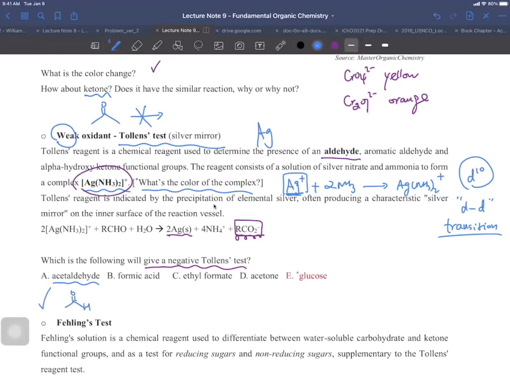Obviously, this will give a positive Tollens test. Formic acid is a carboxylic acid, but this one is very special since it has only 1 carbon. So this group actually is an aldehyde group. So this one will also give a positive Tollens test.